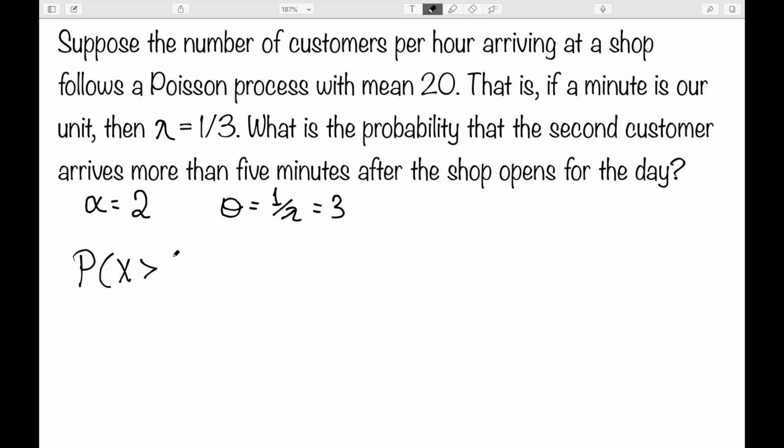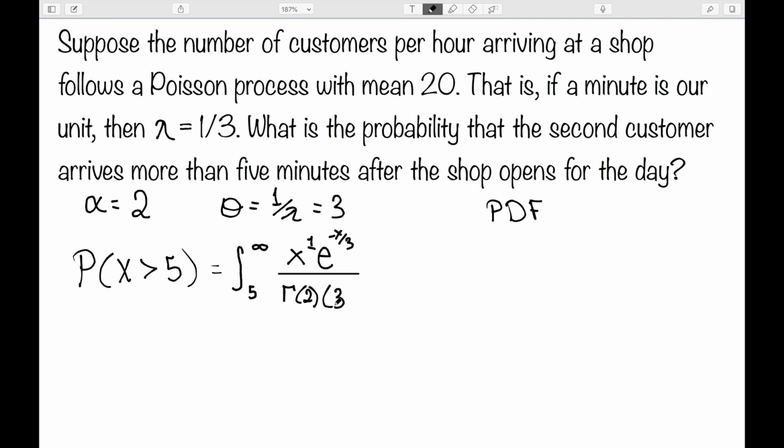So the probability of x greater than 5, if I want to use my PDF, probabilities using a PDF are given by integration, so I'm going to integrate from 5 to infinity of x^(2 minus 1) e^(negative x over theta), so negative x over 3, all over gamma of 2, and then theta to the alpha power, so 3 squared, dx.